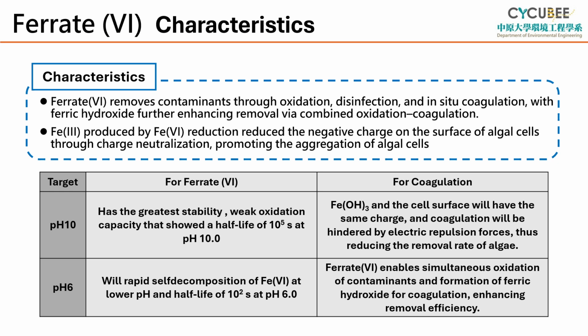And at pH 6, ferrate(VI) enables simultaneous oxidation of contaminants and formation of ferric hydroxide for coagulation, enhancing removal efficiency.